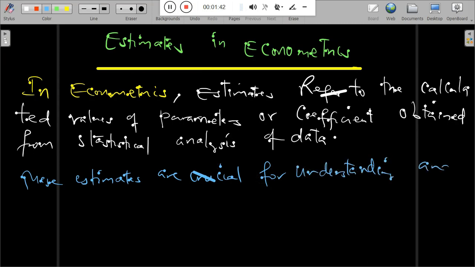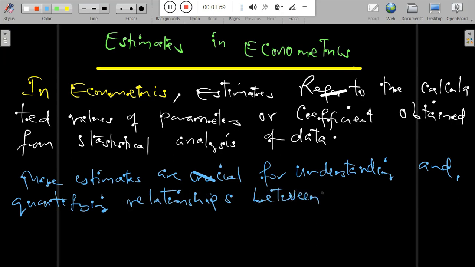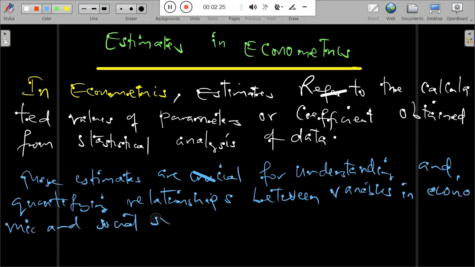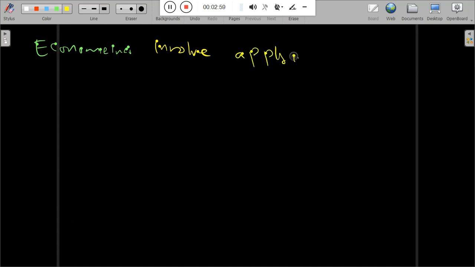These estimates are crucial for understanding and quantifying the relationship between variables in economic and social systems. Econometrics involves applying statistical techniques to economic data to establish empirical relationships and test economic theories.